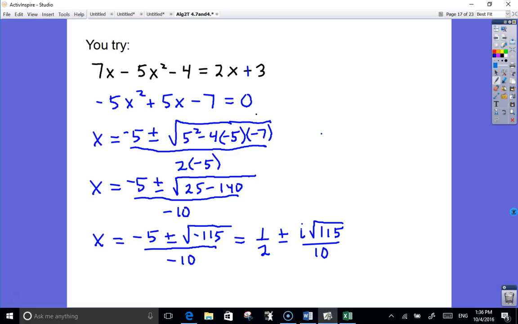So you could see we did three kinds of problems. We did a problem where we got two solutions, real. We did one where we got one solution, which is real. And now we got one that's two solutions that's imaginary. And what is it that made them like they were? It all depends on which part of the quadratic formula?